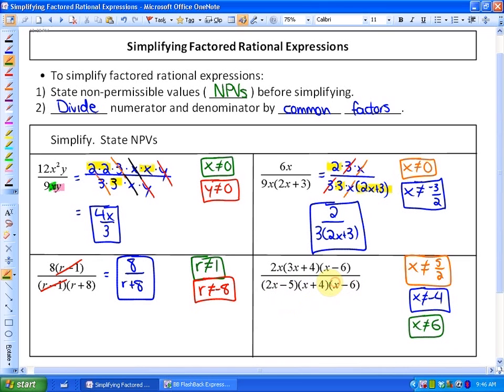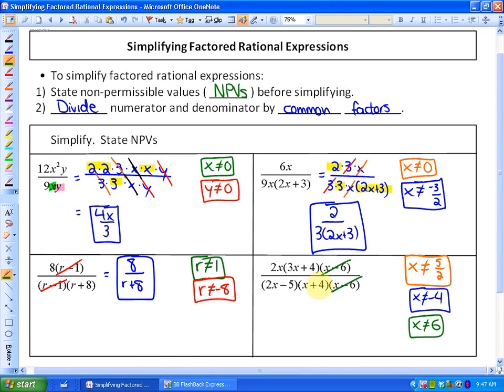And finally, in order to divide our common factors out, which are already factored completely, x minus 6 can be divided by x minus 6, and in this particular case, if we inspect carefully, there are no more common factors. 2x cannot be divided out with 2x minus 5. Those are totally different factors. 3x plus 4 can also not be divided out with x plus 4.